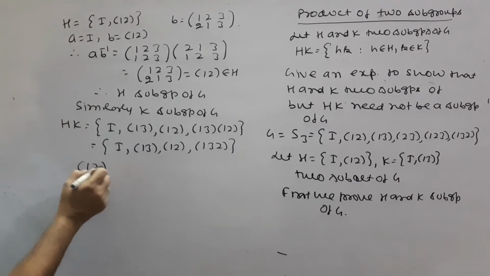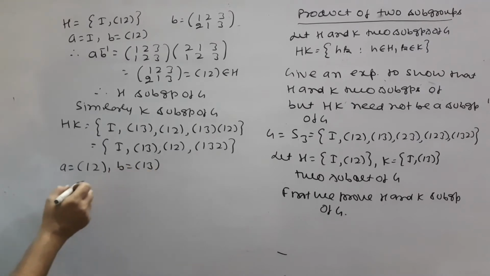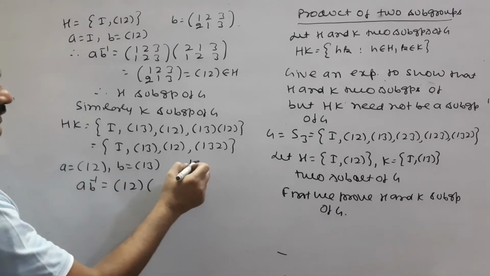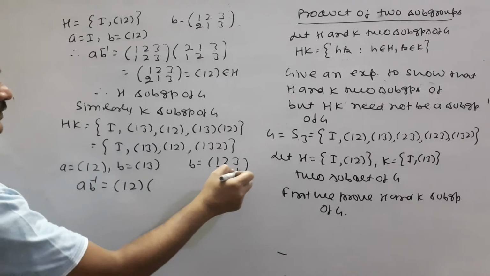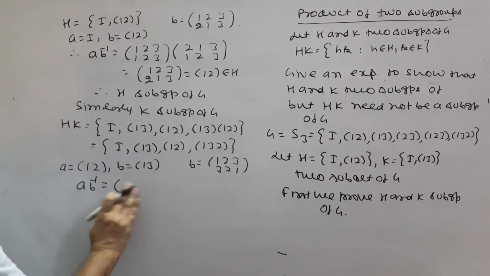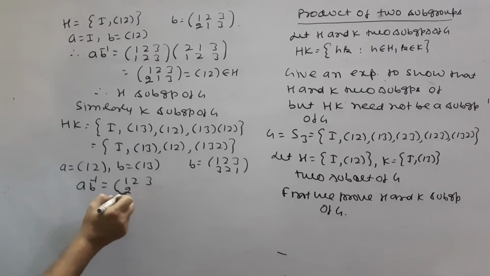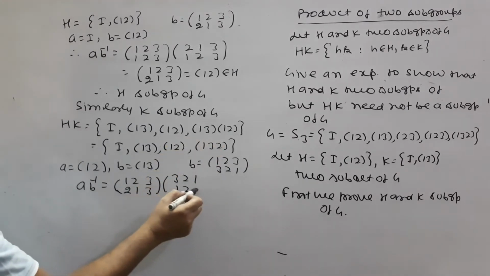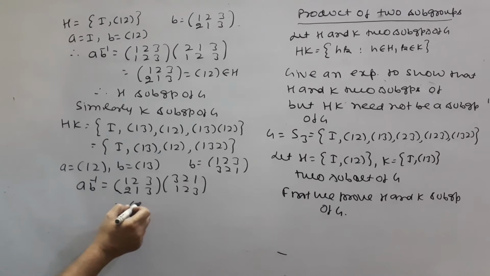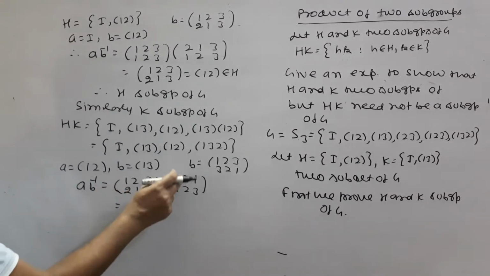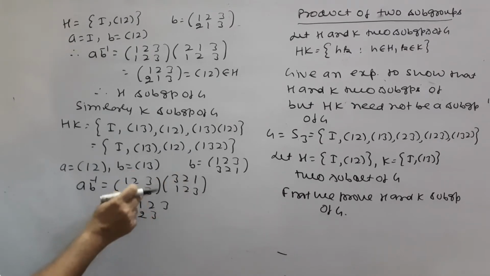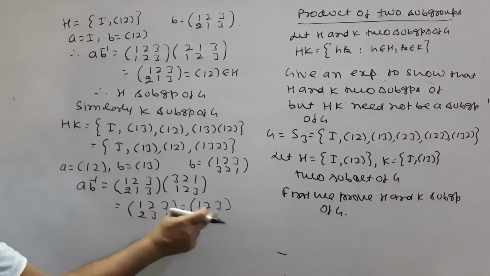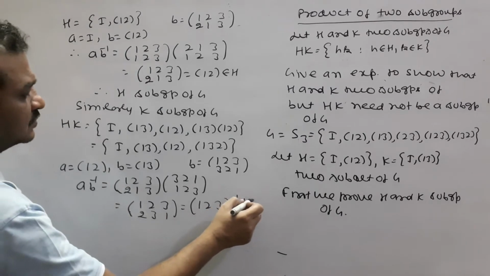So take a = (1 2) and b = (1 3). Then a b inverse: a is (1 2), b inverse is (1 3). Computing the product, 1 goes to 2, 2 goes to 3, 3 goes to 1. So we get (1 2 3). This one does not belong to HK.